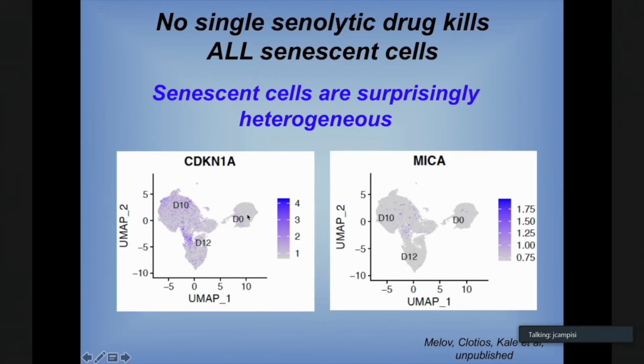I should point out that when you talk about primary cells from humans or mice, they're never 100% non-senescent. There are always a few senescent cells that occur just by virtue of culturing these cells, but still very few P21 positive cells.